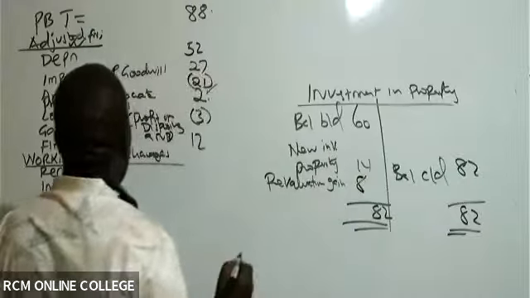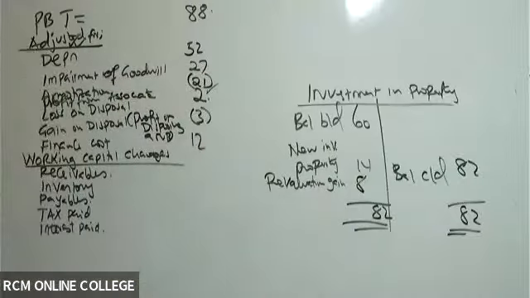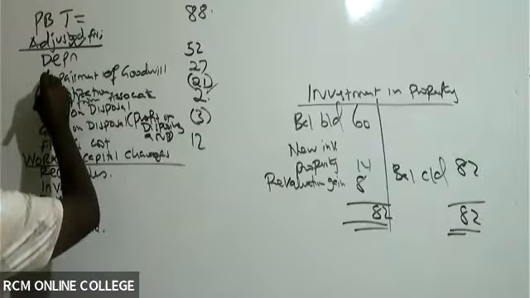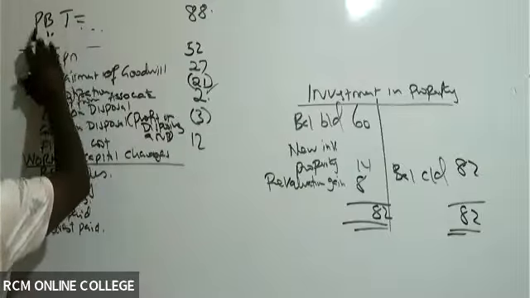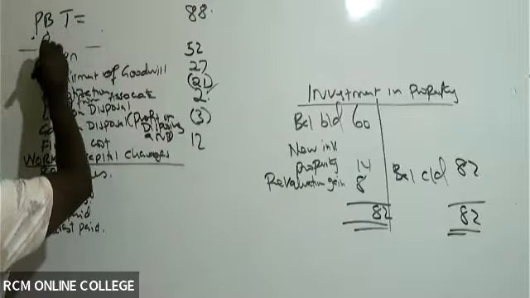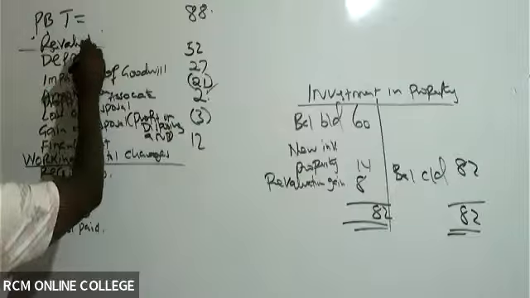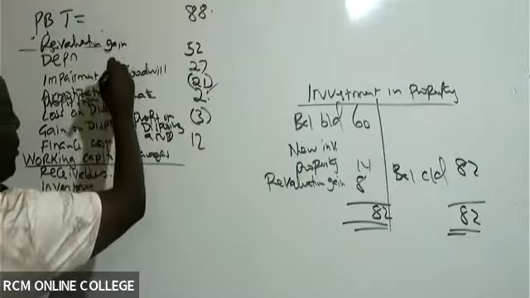So again, squeeze. Today is about squeezing. Squeeze it somewhere, it is the last one. You must leave some spaces. So we have here a revaluation gain of 8.